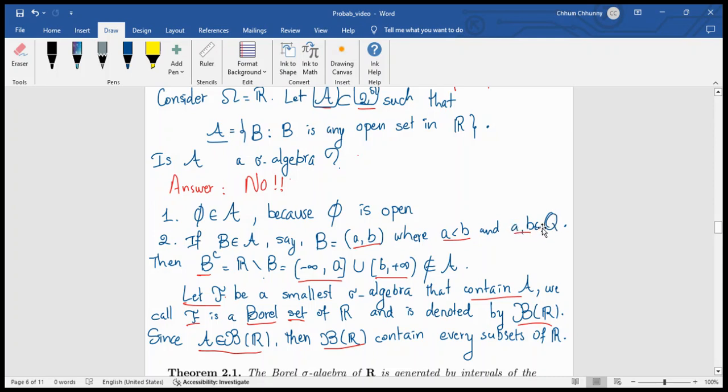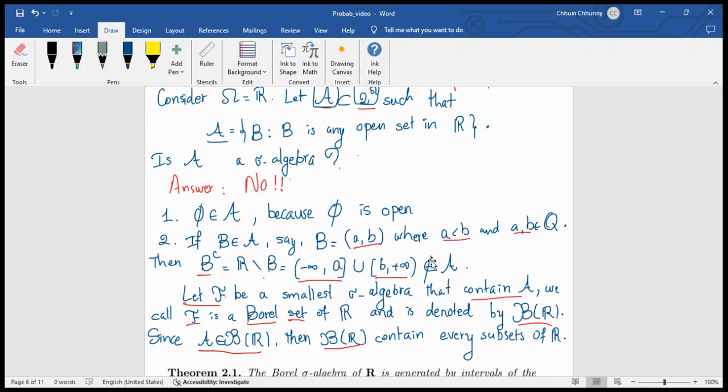If we find the complement of B, it is equal to R minus B, and this set is not an open set, or not an open interval. So in this case the complement of B does not belong to A. If the complement of B does not belong to A, it means that A is not a sigma algebra.